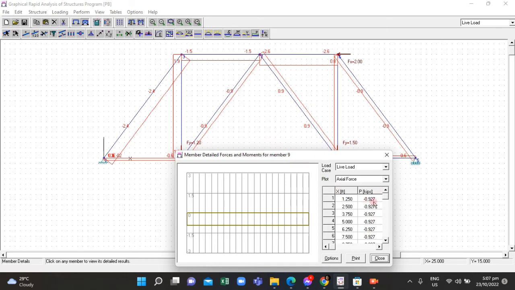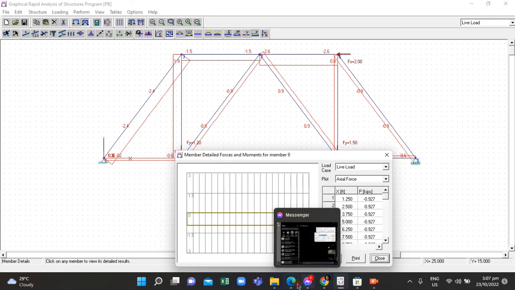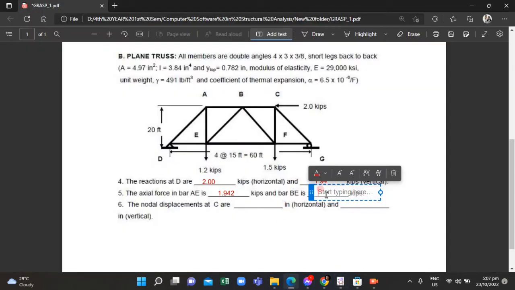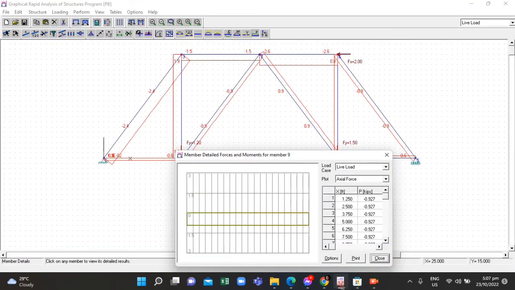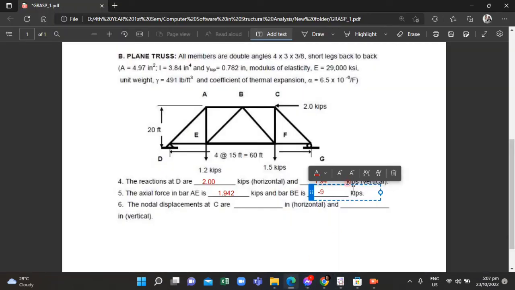In this case, since it is below this member, it will be a negative actual force, that is negative 0.927. So I'm going to input here the answer, negative 0.927.